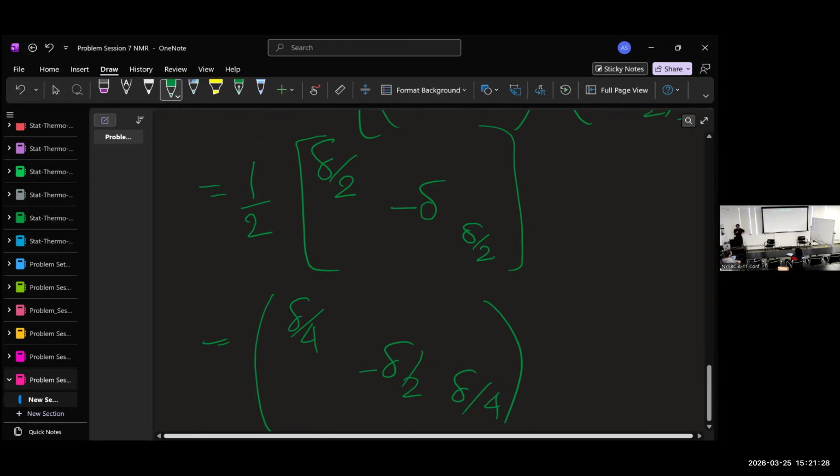So what's happened here? Does this average tensor have the same principal axis system as what you started with? It's diagonal in the same system, but it doesn't have exactly the same axes. Where's the z-axis of this average tensor?